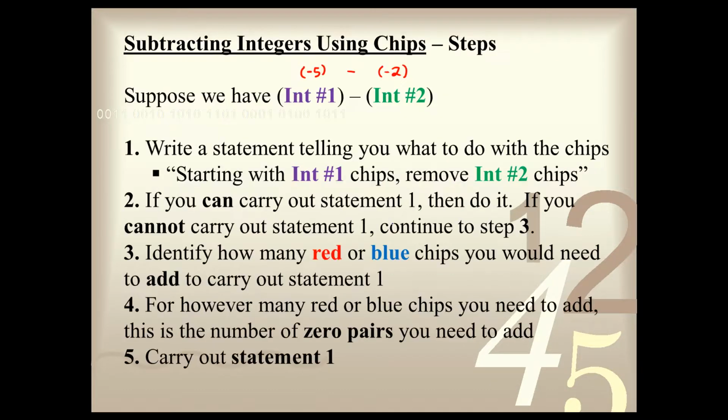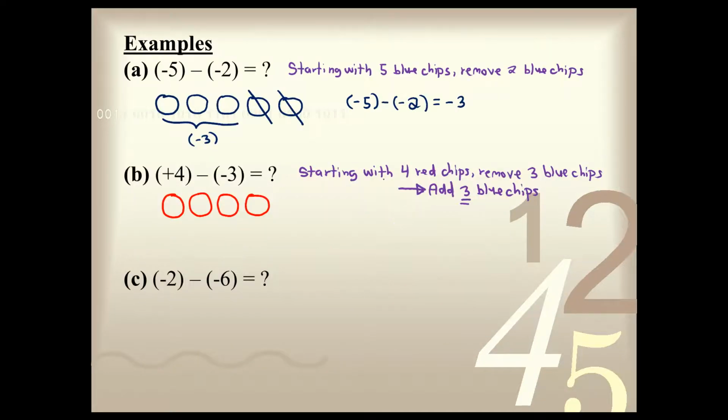If we go to step 4, it says, for however many red or blue chips you need to add, this is the number of 0 pairs to add. So I need to add 3 blue chips. That's going to be the number of 0 pairs to add.